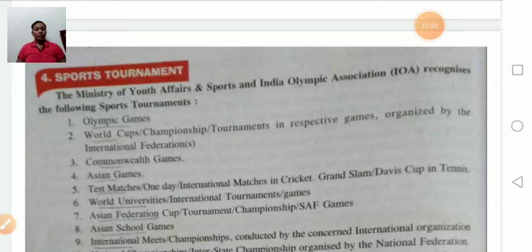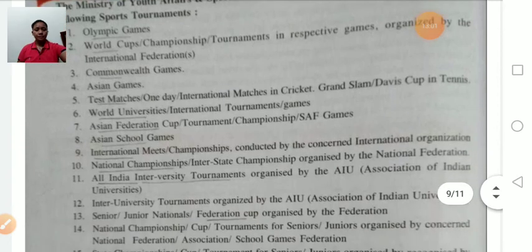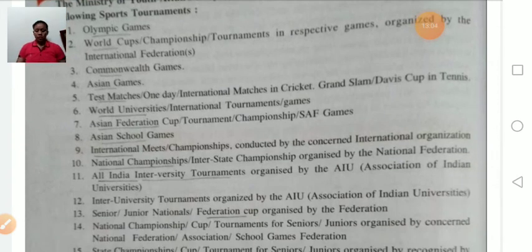The Ministry of Youth Affairs and Sports and the Indian Olympic Association recognize the following sports tournaments: Olympic Games, World Cup or World Championship, World Tournament in the respective game organized by the International Federation, like Football World Cup, Cricket Tournament, Badminton Championship, etc.